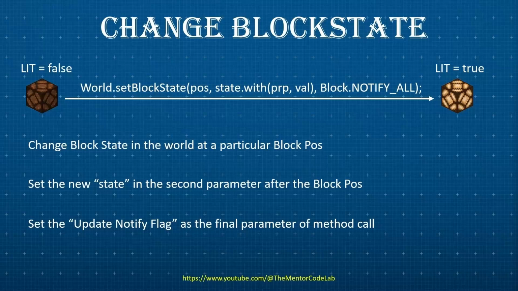For example, I can change a redstone lamp to become air just with this single line of code, world.setBlockState at the position, now we get the default state of block air and notify all. Immediately the redstone lamp will vanish and it will become air. We will take a look at these examples later by code.